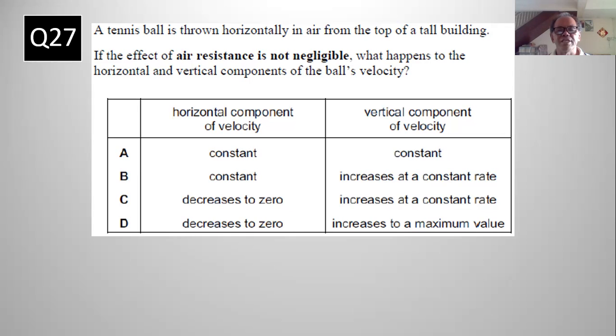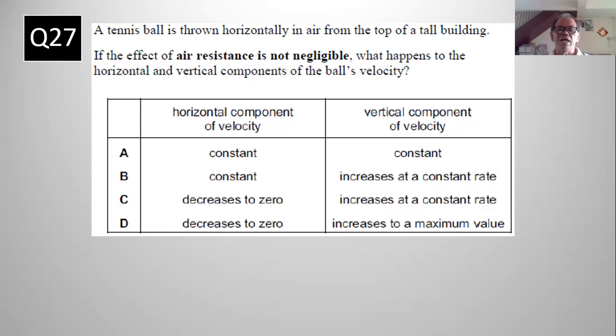For the vertical component, the ball is thrown horizontally. The acceleration is downwards and the air resistance is upwards. The vertical component of velocity is no longer constant. It will still increase, but not at a constant rate anymore because the air resistance is coming in.